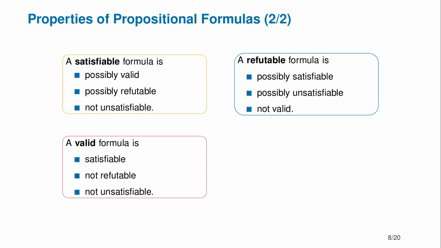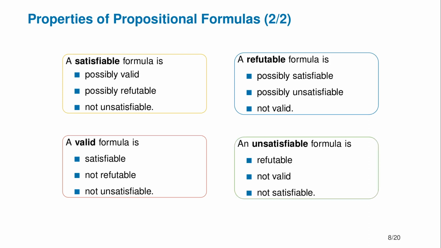A refutable formula is possibly satisfiable, possibly unsatisfiable, but not valid. So if a formula is refutable, then it could still have a model. It could also have no model, then it's unsatisfiable, but it's definitely not valid because it has a counter model. And an unsatisfiable formula is refutable, not valid, and not satisfiable.